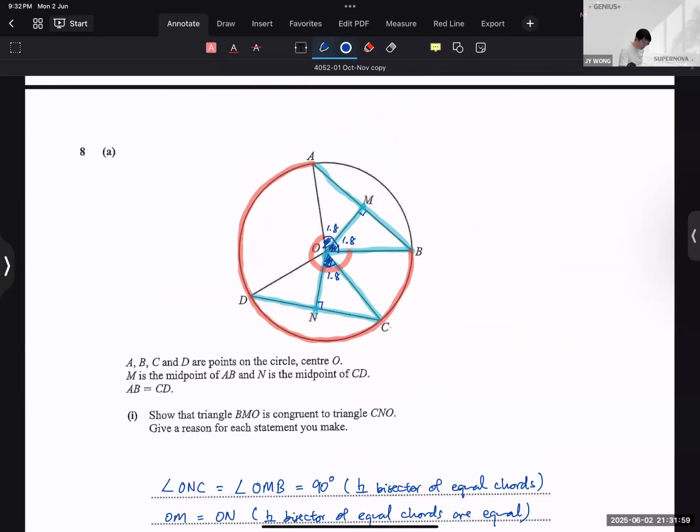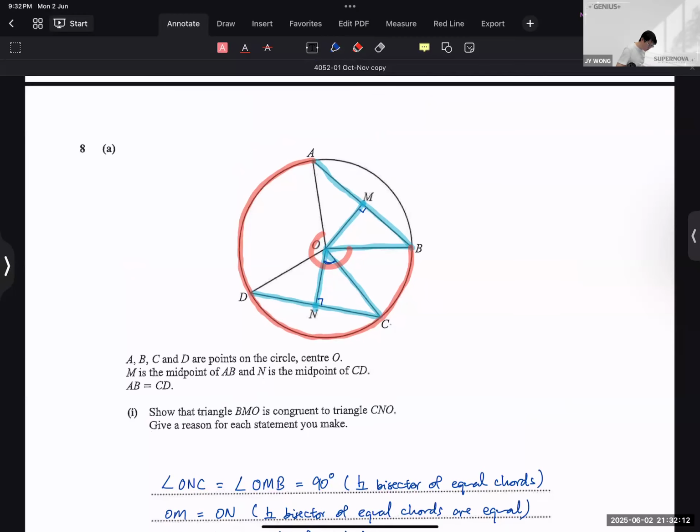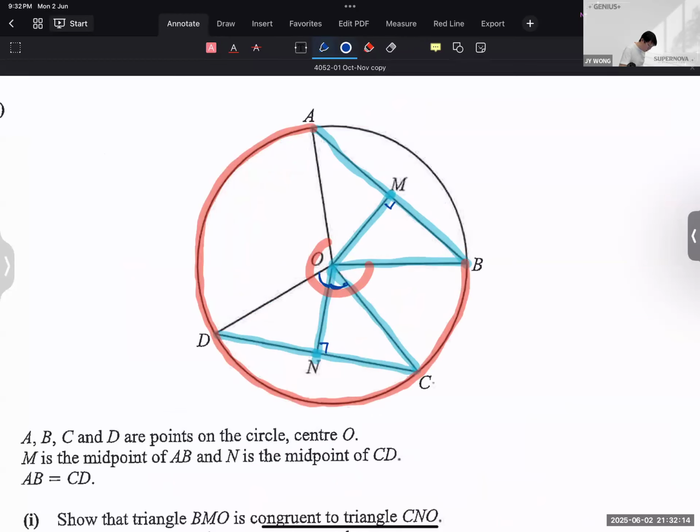COD. Oops, my bad. COD is this whole angle. So this is 1.8, which means that this will actually be 0.9, because your perpendicular bisector here is also an angle bisector.